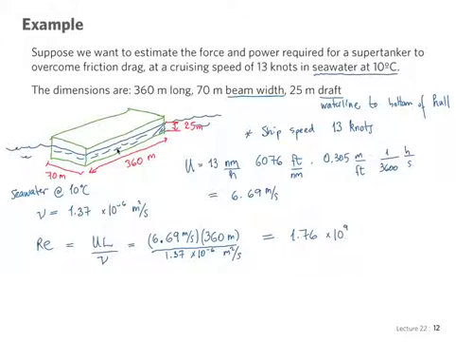The drag would have other effects that we haven't discussed, which are due to waves breaking the surface. It has a wave drag that we haven't touched yet. So we're just looking at the force and power required to overcome the friction drag. If we wanted to add other effects, we would have to do that afterwards.